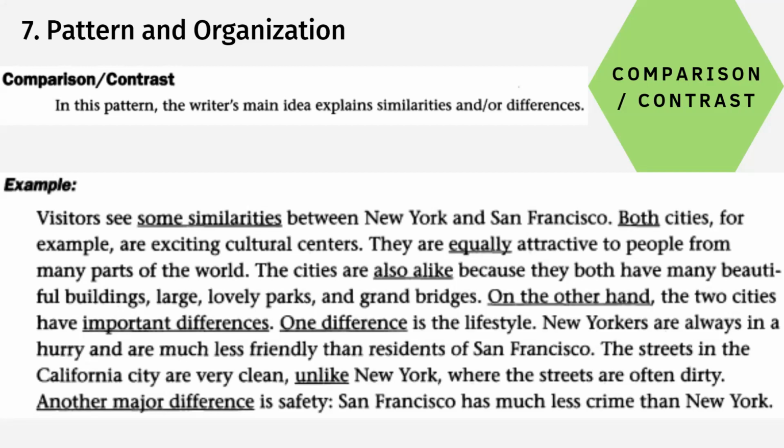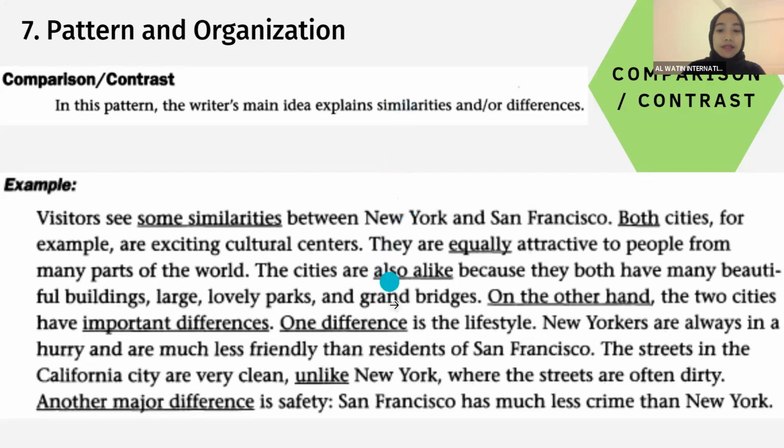One difference is the lifestyle. New Yorkers are always in a hurry and are much less friendly than residents of San Francisco. The streets in the California city are very clean, unlike in New York, where the streets are often dirty. Another major difference is safety. San Francisco has much less crime than New York.